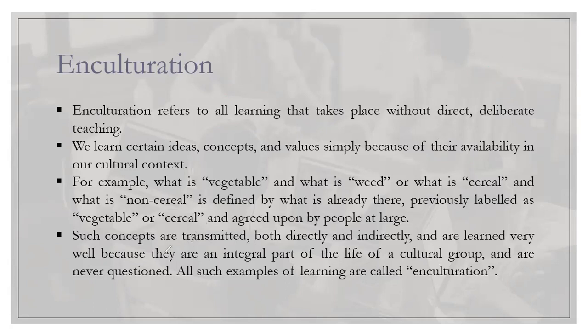Such concepts are transmitted both directly and indirectly and are learned very well because they are an integral part of life. Because food is a necessity, you will be asking those things of the parents. They are part of the cultural group and are never questioned because the particular group is using this.